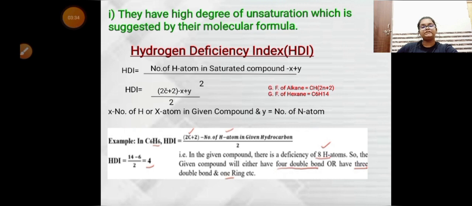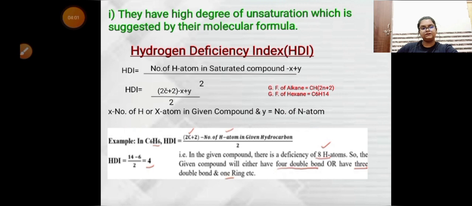Means HDI is equal to 14 minus 6, whole divided by 2, is equal to 4. Means in the given compound there is a deficiency of 8 hydrogen atoms. So the given compound will either have 4 double bonds or 3 double bonds and 1 ring, etc.